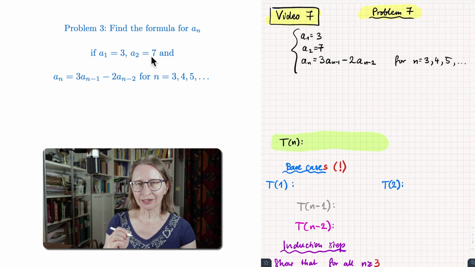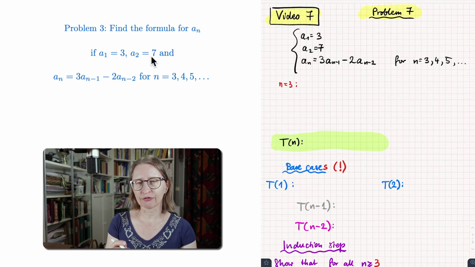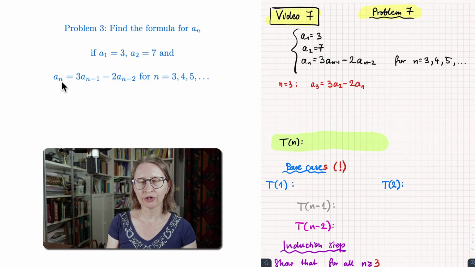We have a_1 and a_2, and now we will start with n equal to 3, because the first element which we don't have is a_3. So from this formula, for n equal to 3, we see that a_3 is equal to 3a_2 minus 2a_1, right? Just plug in n equal to 3, then you will get a_2 here and a_1 here.